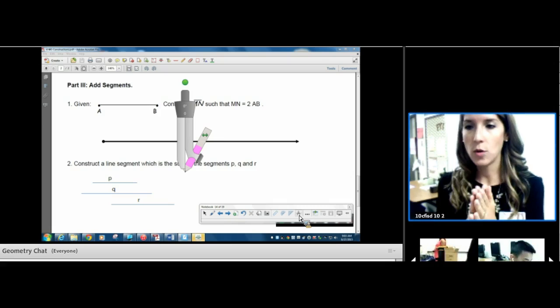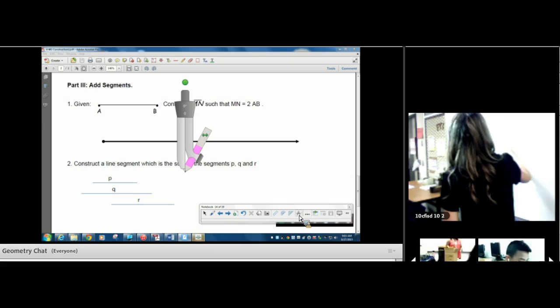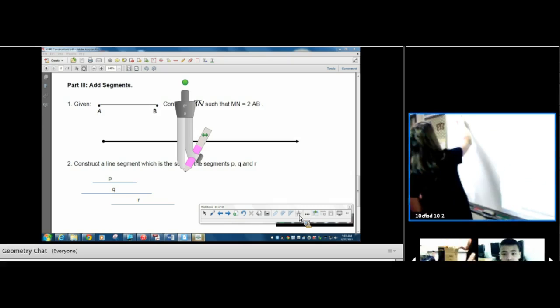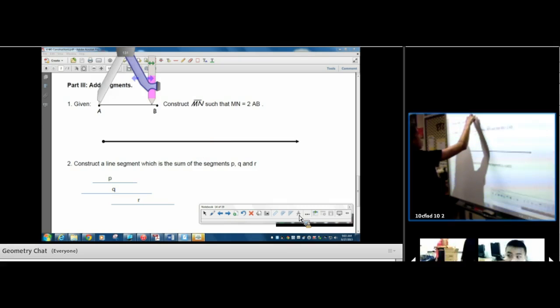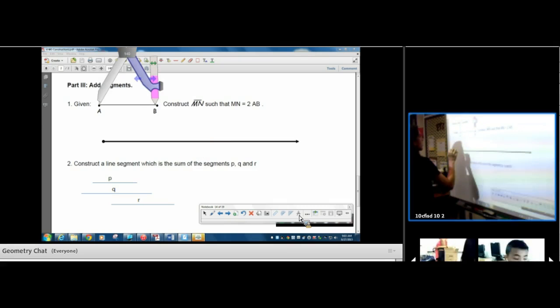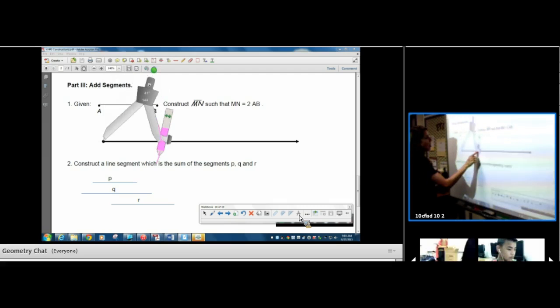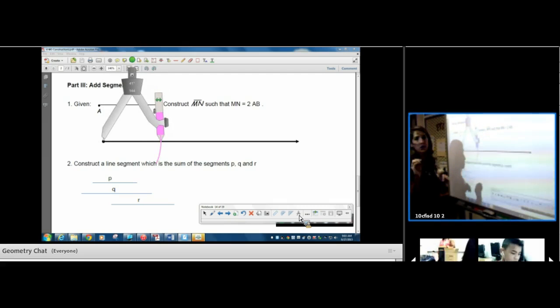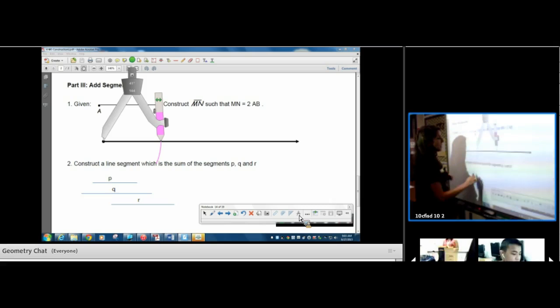Okay, so in order to copy segment AB twice, we're obviously going to copy it once, which you've already done. You're going to pull it right down here, put your needle on the end point and make an arc. Then we're not going to change our compass setting. We're going to put the needle where the arc intersected this ray.